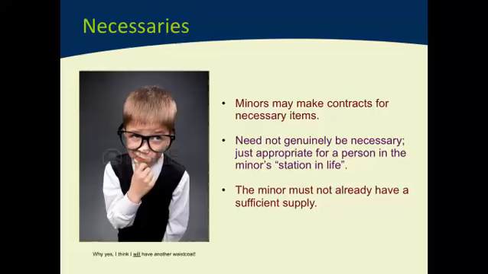What the court has said is that in the context of minors making contract law, necessaries are those things which are appropriate for a person in that minor's station in life.